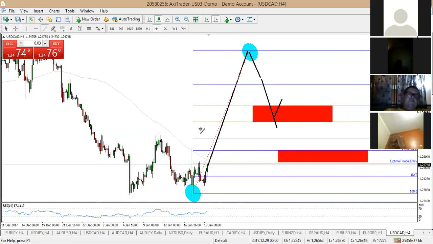On these levels, what the market will do mostly is go back towards 50 and do a retest. And if the market fails to get back to 50, we'll actually see a push lower.